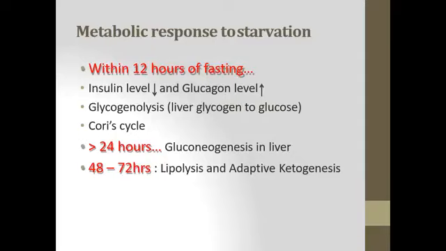Physiologically, after a short fast lasting 12 hours or less, most food from the last meal will have been absorbed. Plasma insulin levels fall and glucagon levels rise, which facilitates the conversion of liver glycogen to glucose.